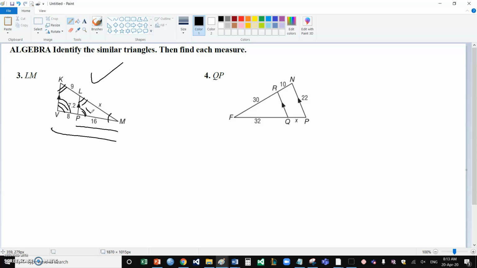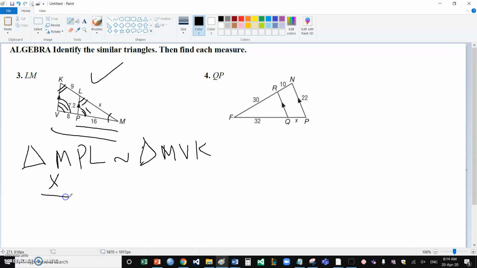So definitely these two triangles are similar. The triangles are MPL similar to triangle MVK.